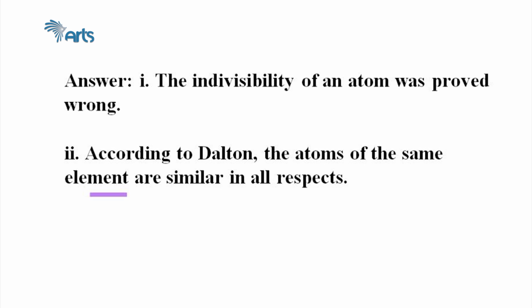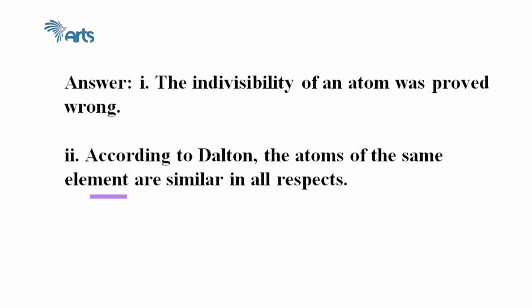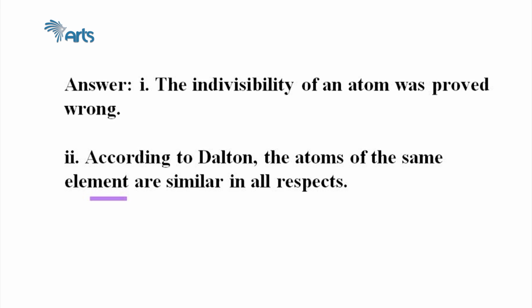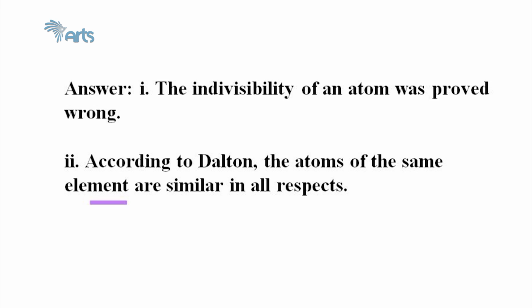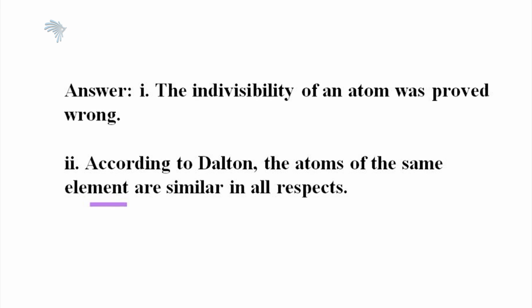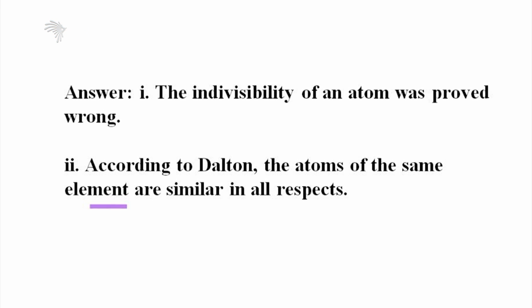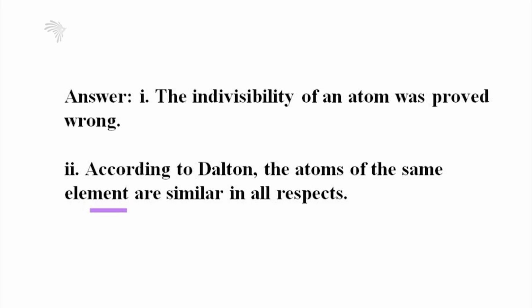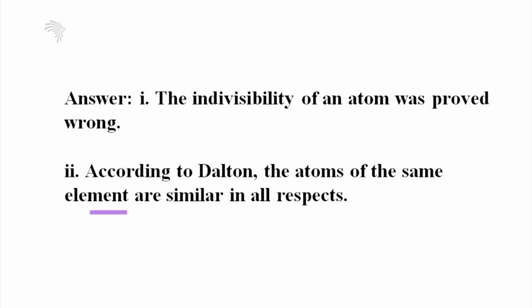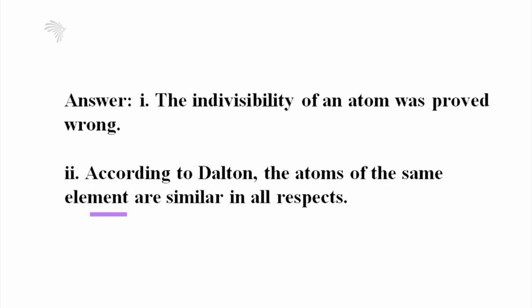This can be regarded as one of the shortcomings of Dalton's atomic theory. The second shortcoming is that the atoms of the same element are similar in all respects. This is also a wrong statement of Dalton's atomic theory.